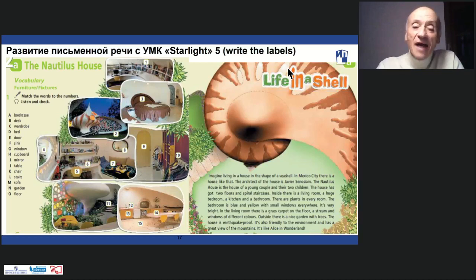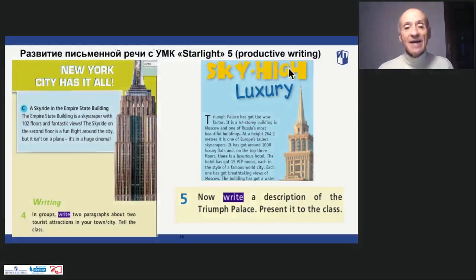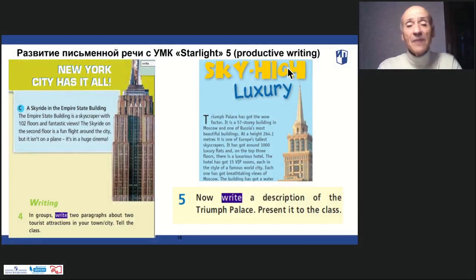Imagine that it's a seashell house, and students may have their fantasy, give full rein to their fantasy and show what they can call a desk in this picture. Another one, developing writing skills with Starlight as productive writing.